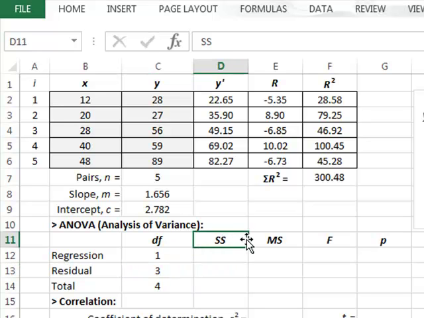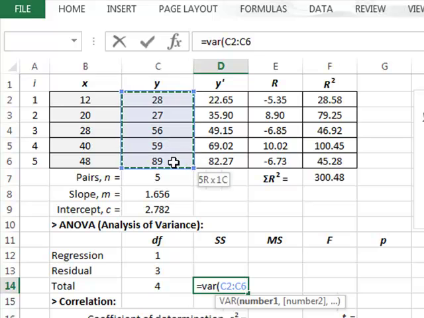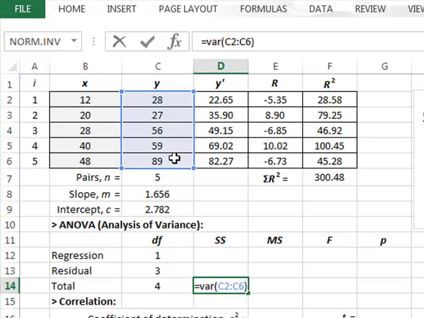The next step is to look at the sums of squares in the calculations, which identifies the different sources of variability within the data. The total sums of squares is given by the variability in the y values, which we have as the variance of all the y values between C2 and C6, but we need to multiply by the degrees of freedom that are left in the analysis, which is 4.